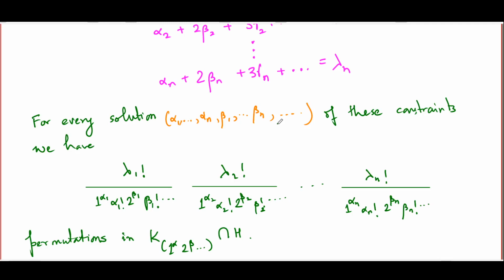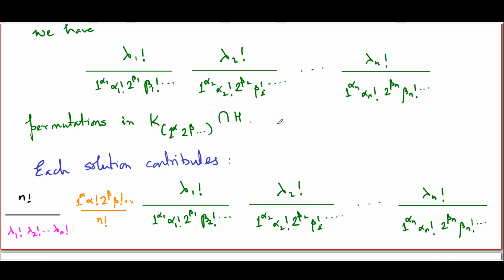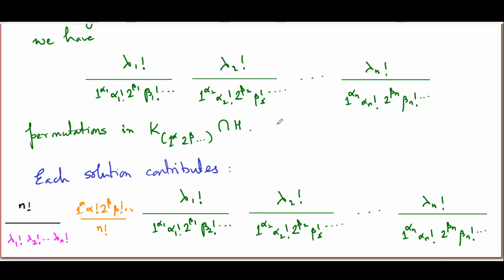So, for each such solution set, alpha 1, alpha 2, alpha 3, etc., the total number that gets contributed to the Frobenius formula is G, which is this quantity here, divided by H, divided by G lambda, which is this number, multiplied by this factor.